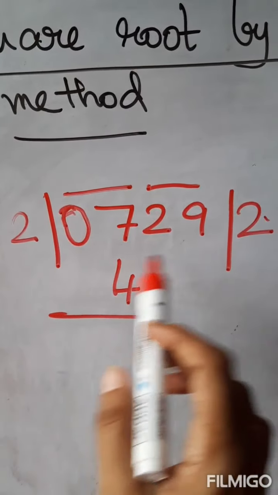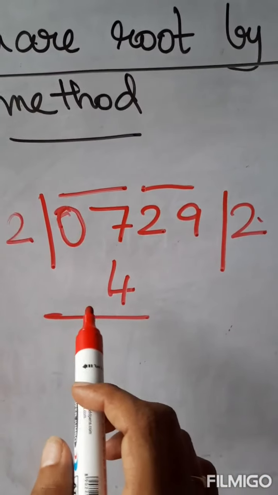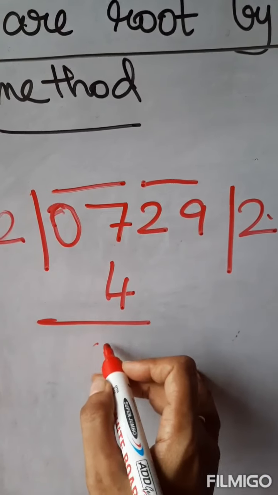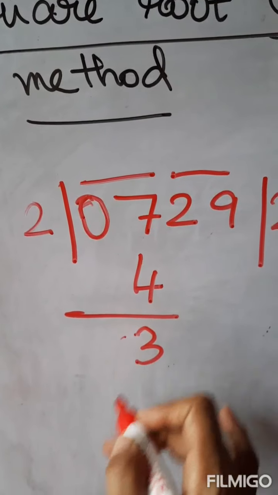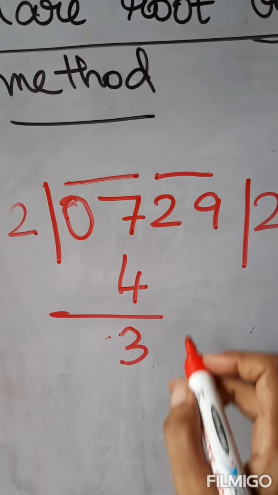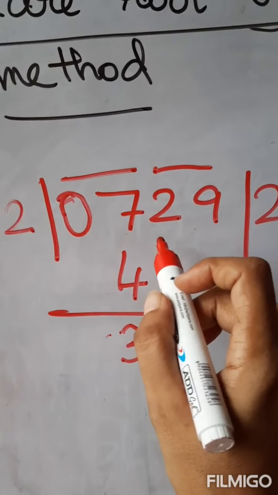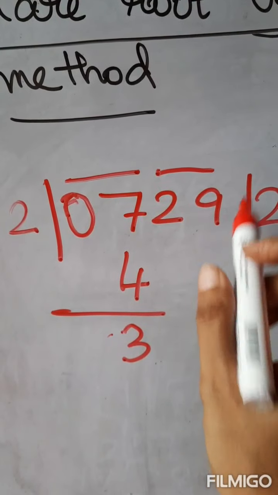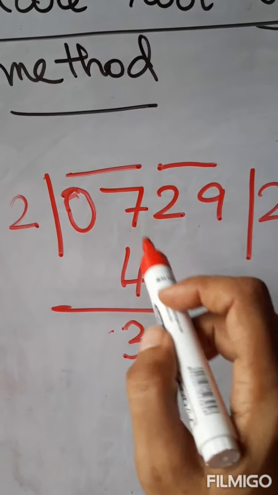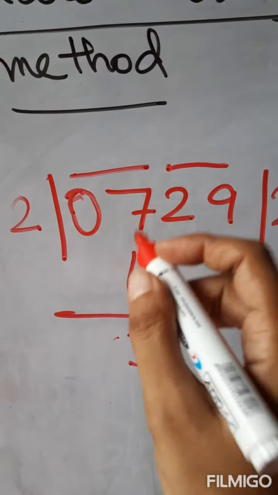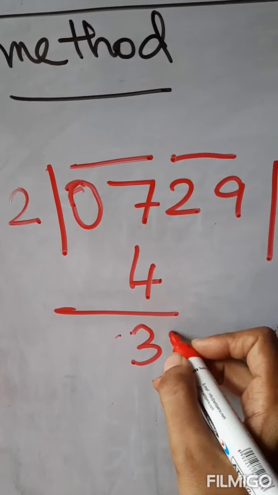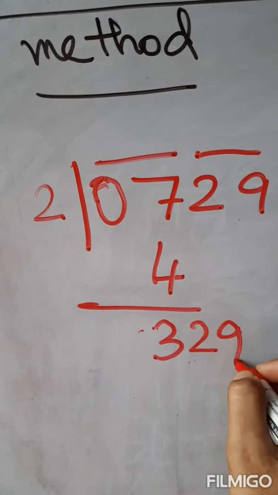This is the second step, to find the square number. Then, similar to division, we will subtract and we get 3. Next number is 29, and we have to deal with both the numbers. So we bring 29 down.